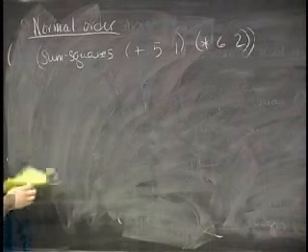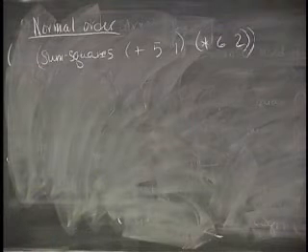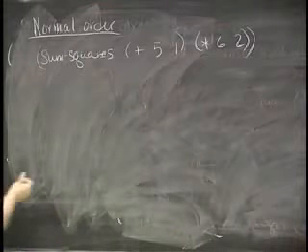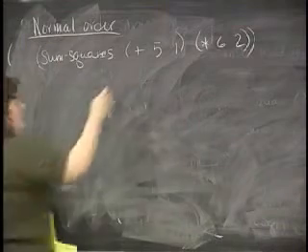I'm not going to go through the extent of the formality that we went through in the substitution model. Sum of squares is a procedure that takes in two arguments, x and y.